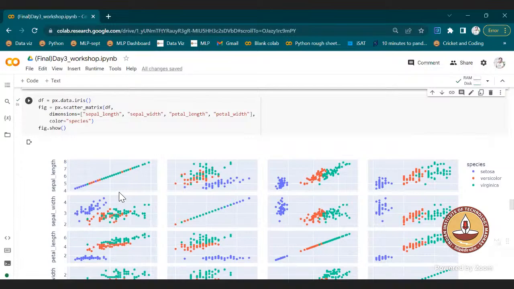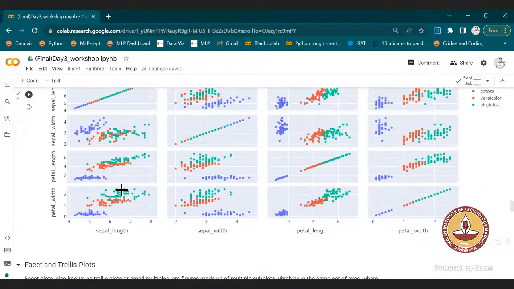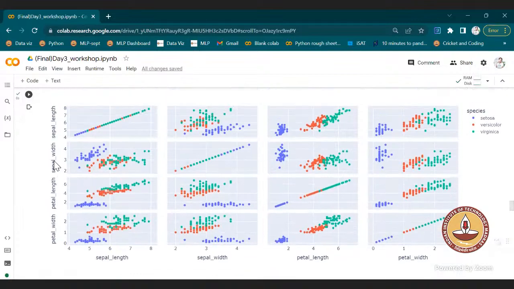If you see an interesting relationship between two features, let's say sepal width and sepal length, then you can plot those two features separately and try to get some insights from them.